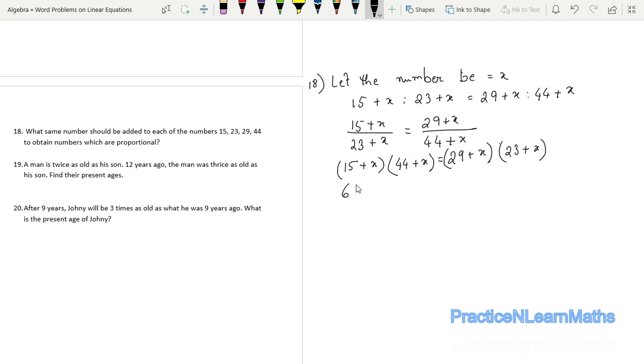Fifteen times 44 is 660 plus 59x plus x square is equal to 29 times 23 is 667 plus 52x plus x square.